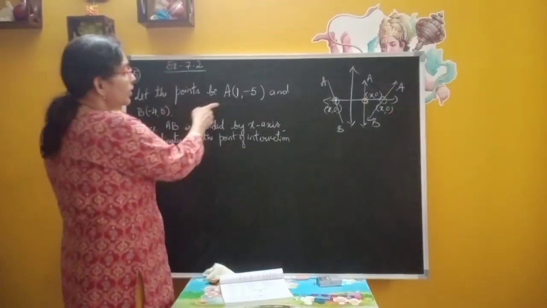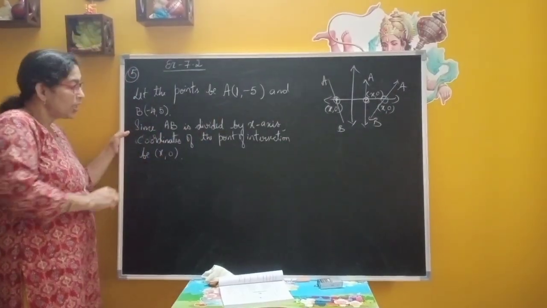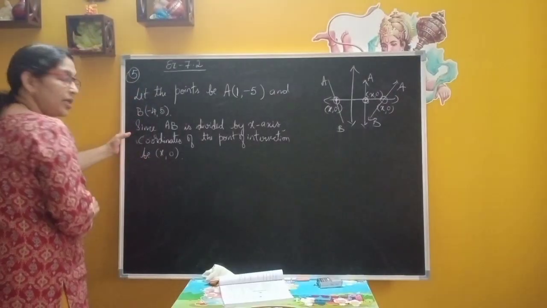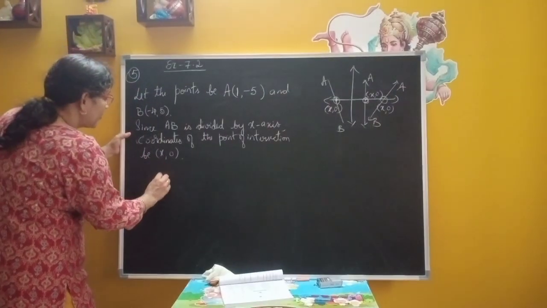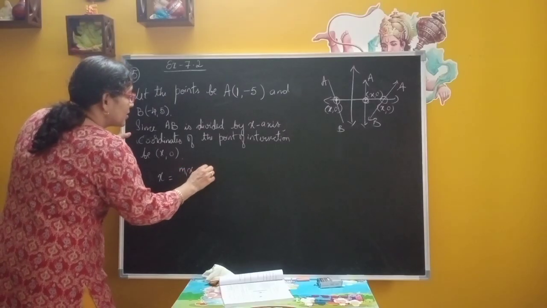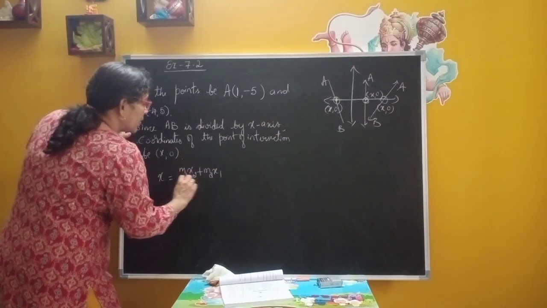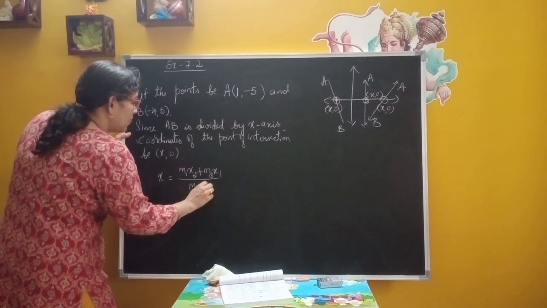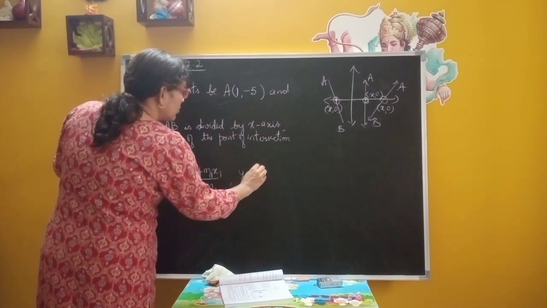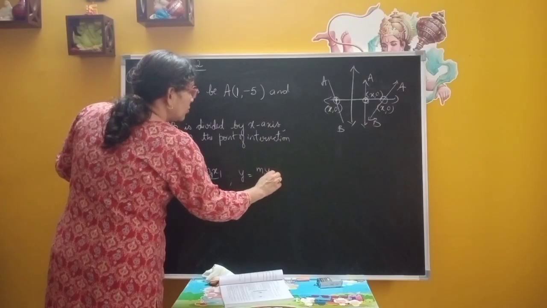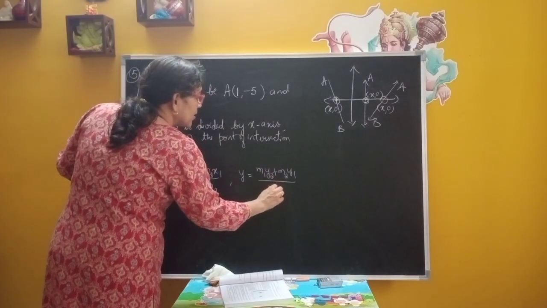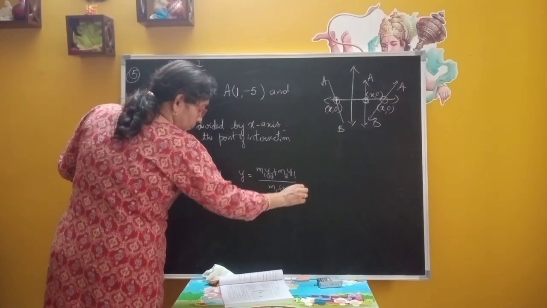Now let us use the section formula and find the value of x. What is the section formula? x is equal to (m1 x2 plus m2 x1) divided by (m1 plus m2). And y is equal to (m1 y2 plus m2 y1) divided by (m1 plus m2).